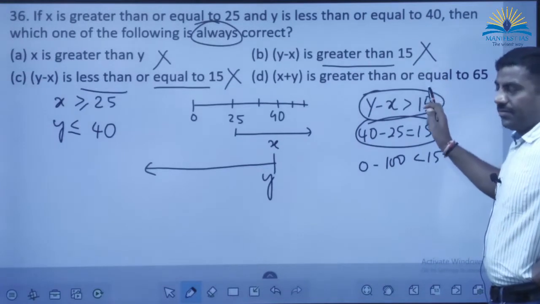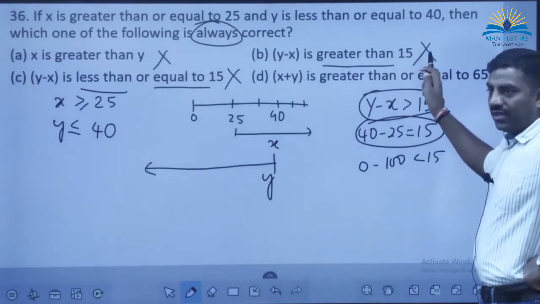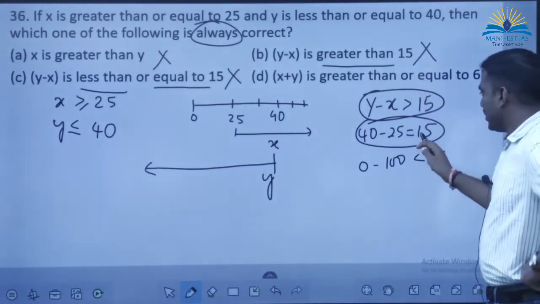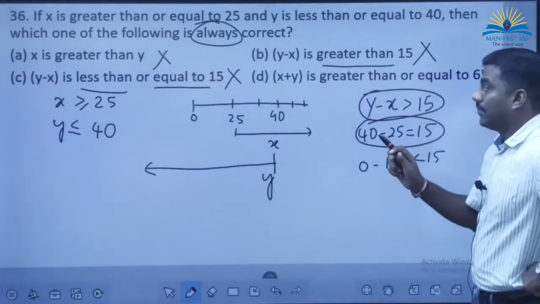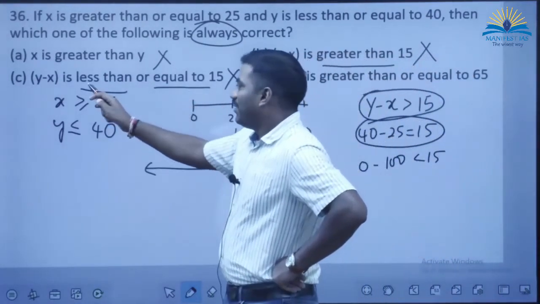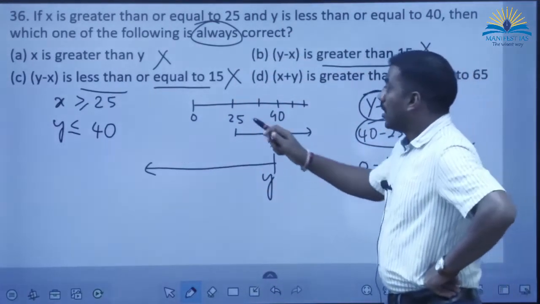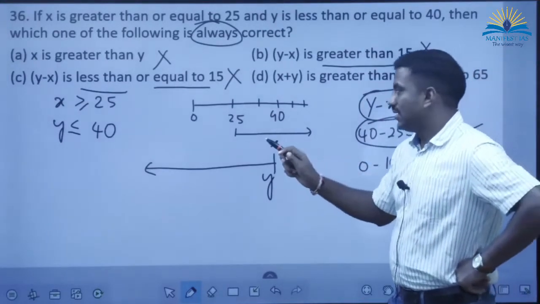It is not greater. It is telling what? Y minus x is greater than 15. Is it correct? No. So it is equal and it can be less than 15 also. Y minus x is less than? Yes. Or equal to? Yes. It cannot be greater than 15.